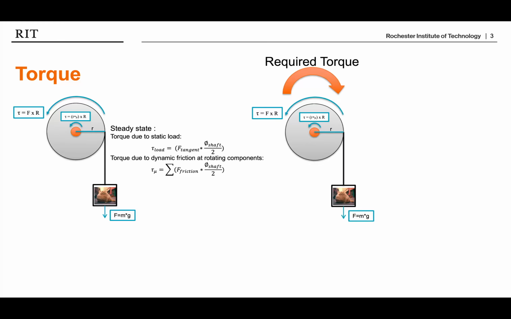Well, now I have not just the torque required for Mr. Mew's force at a radius, but I might also have a whole bunch of frictional torques, losses in my system. Again, these things can be bearings, these things can be maybe Mr. Mew's elevator banging against the side, it could be from the cable wrapping around the drum.